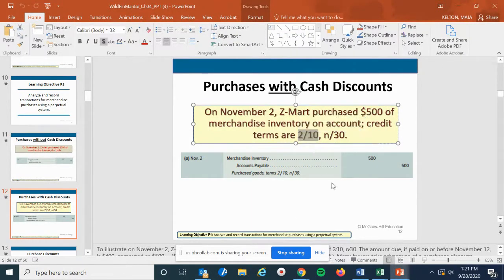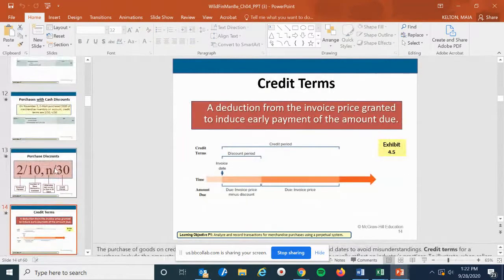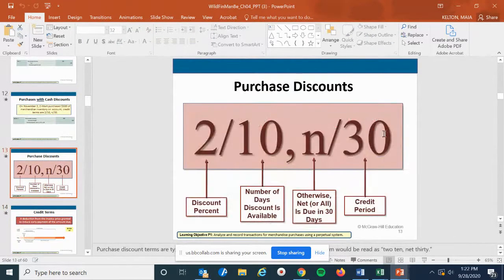So here, the company is offered a 2% discount if they pay in 10 days. If they choose not to take advantage of the discount, they can pay the $500 in 30 days. So let's see what happens if they take advantage of the discount or if they don't.